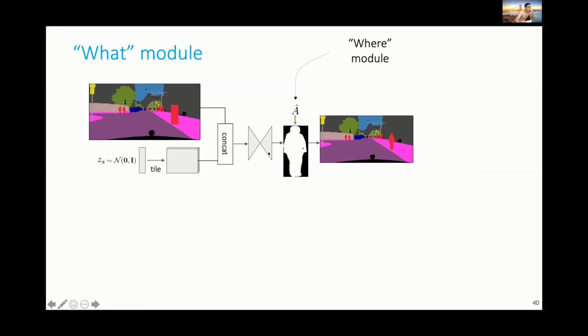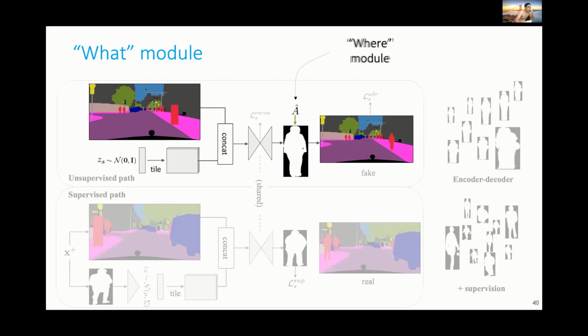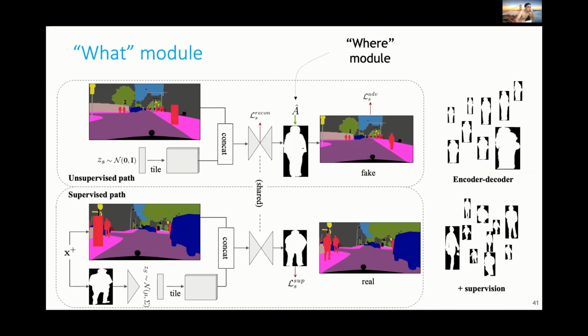We want a generator to synthesize shapes, but this position will be governed by the affine transformation from the where module. And just like the where module, we also add one supervised path in order to encourage the model to generate diverse outputs. So here are some results we can see from the encoder decoder, and with supervision we can have more diverse outputs.